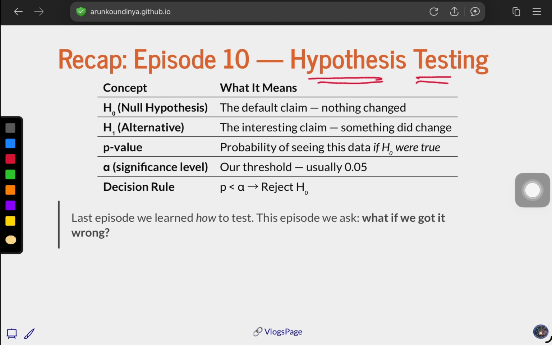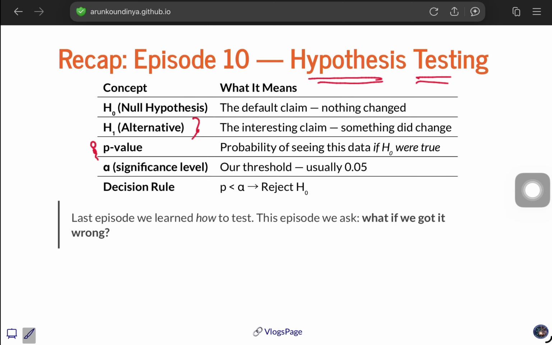For that we use a probability value and a default threshold. Usually it is 0.05, and whenever the probability is less than 0.05, we take a decision based on the claim we introduced in our alternative hypothesis.